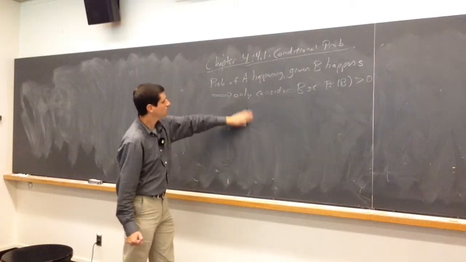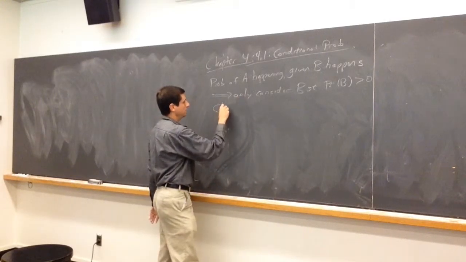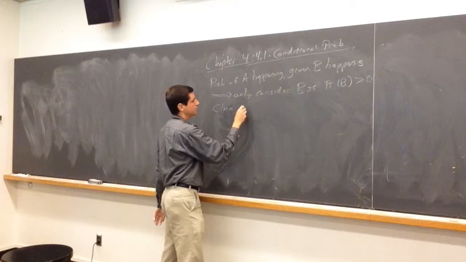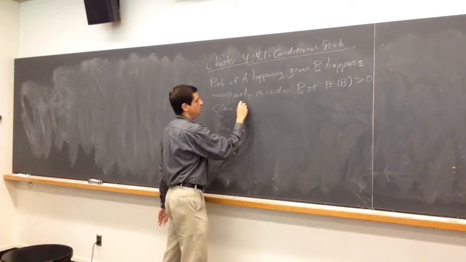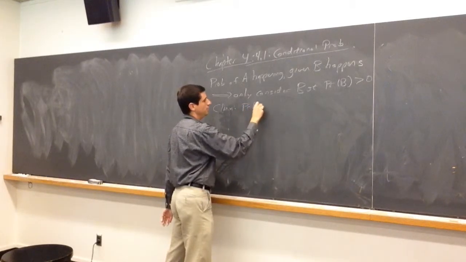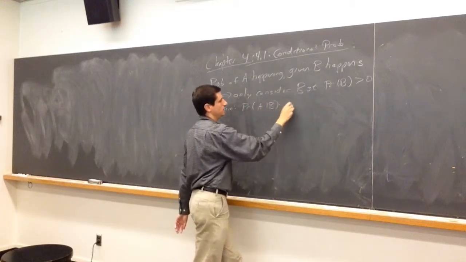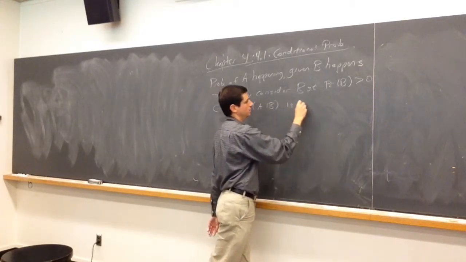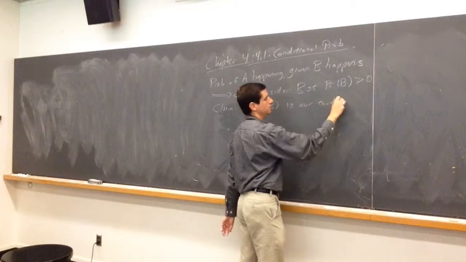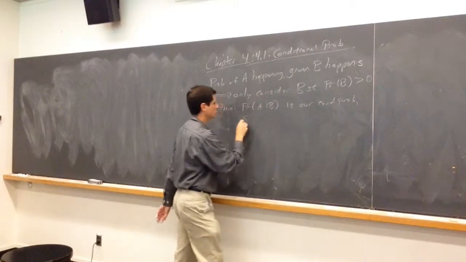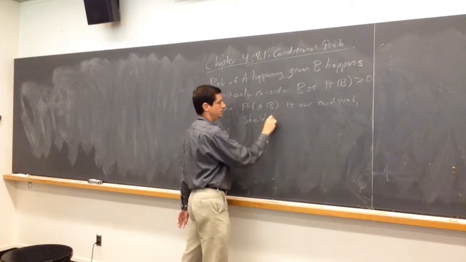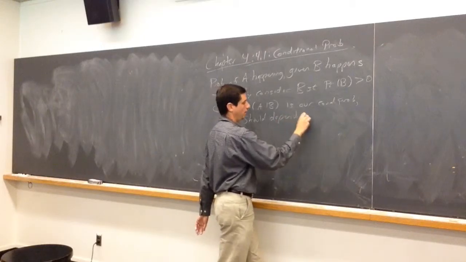All right, so the claim is maybe the conditional probability of A given B should depend on the following.